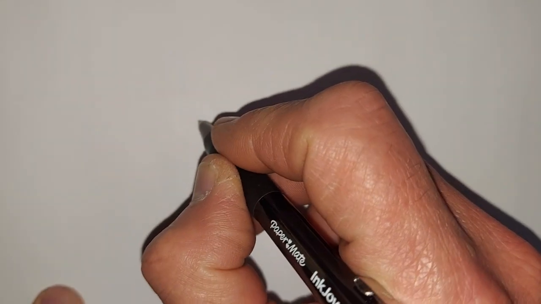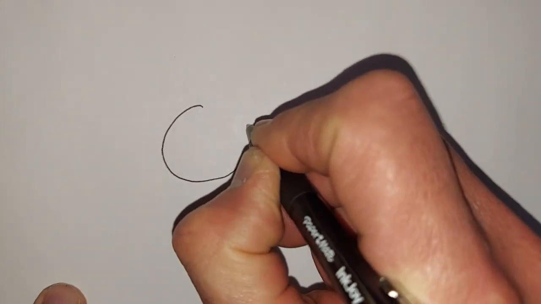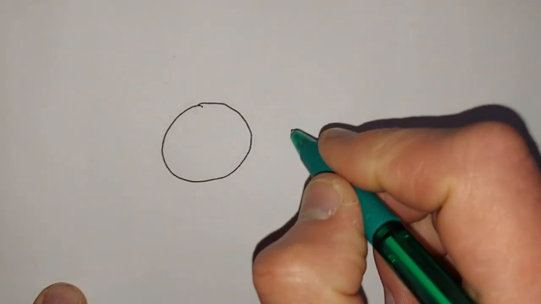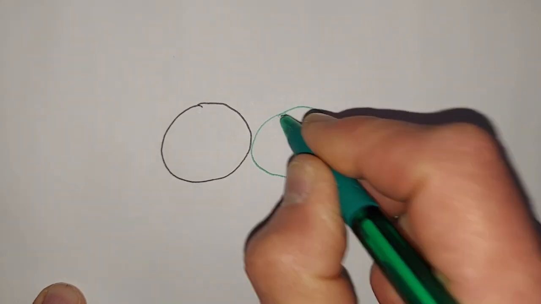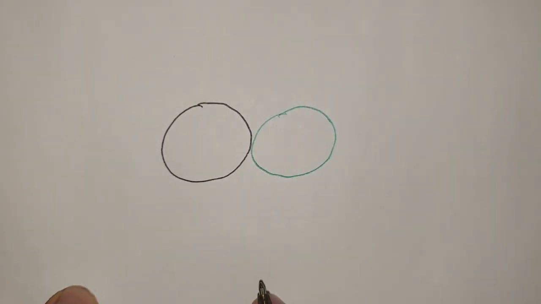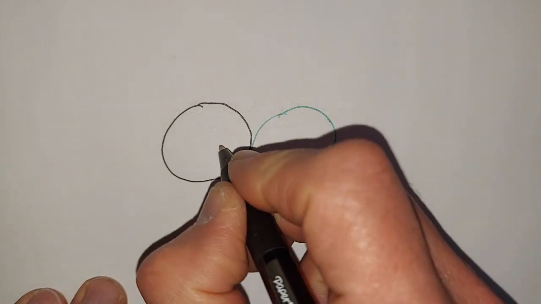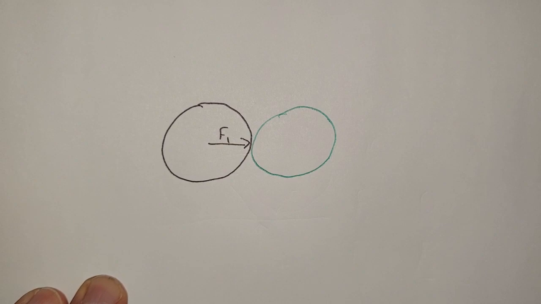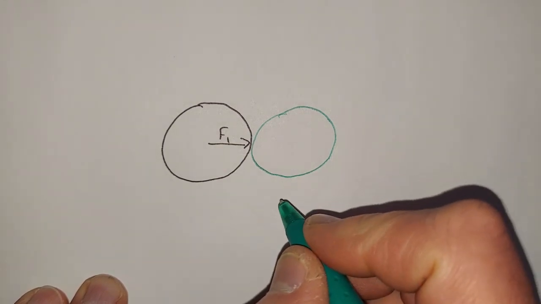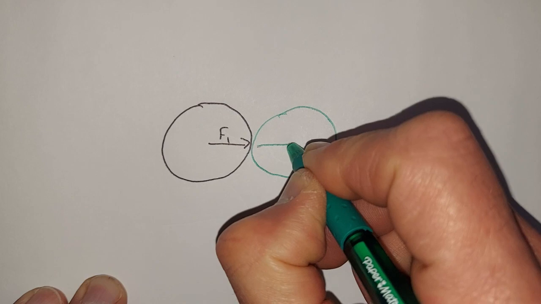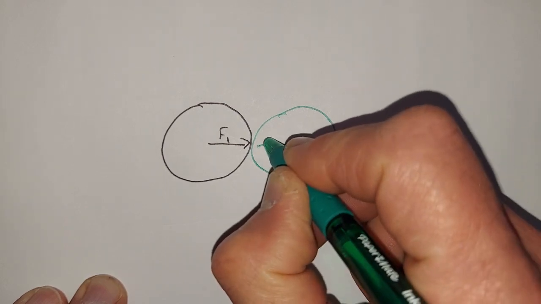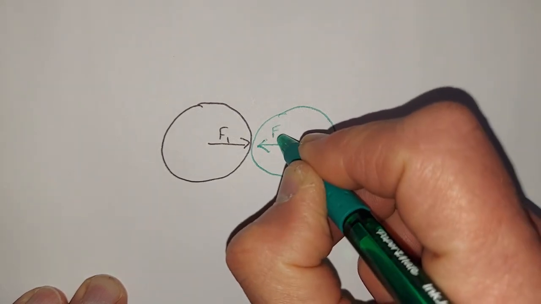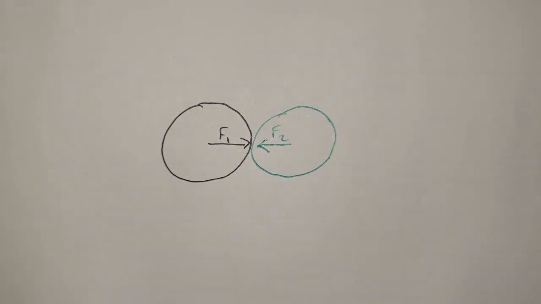Now, the third law states that when two objects interact, the force one object exerts on the second object will be equal in magnitude, but opposite in direction to the force the second object exerts on the first one.